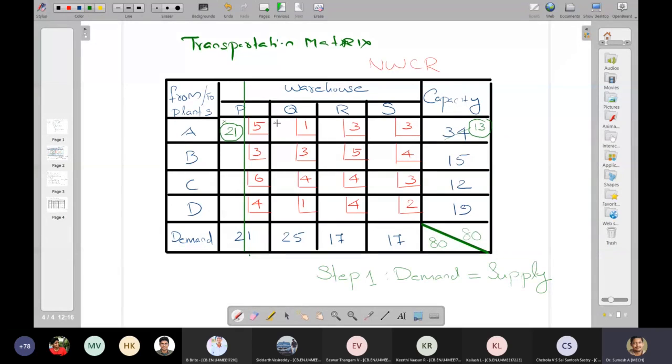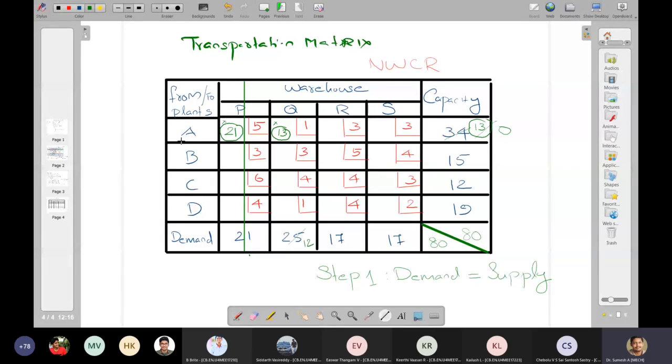I can allocate this 13 to this column. When the 13 is allocated, this value becomes 0, and the balance will be 12. So now the first row also gets eliminated from the problem.